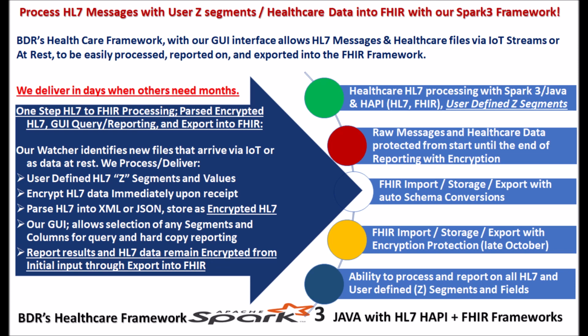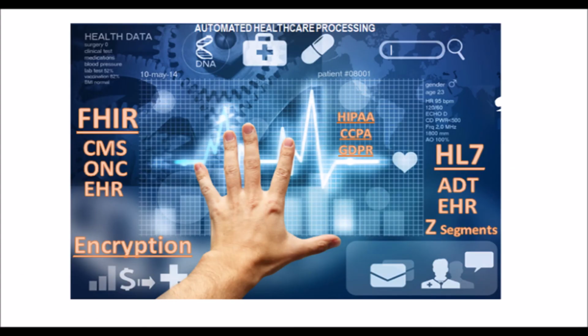Parse HL7 and store as encrypted data into XML or JSON. 5. Report features include field concatenation and group by options. 6. BDR's proxy server seamlessly accesses any encrypted data in FHIR for use in reporting or your business applications. BDR's healthcare framework is Spark 3, Java with HAPI, HL7 plus FHIR.